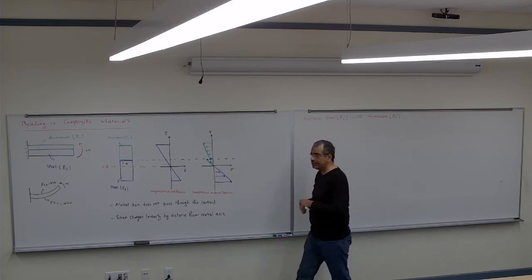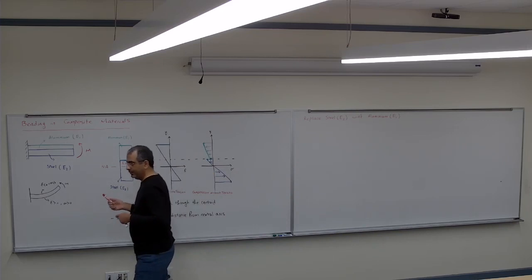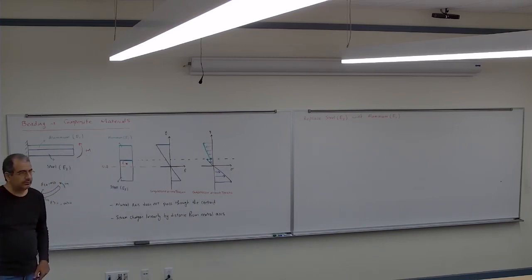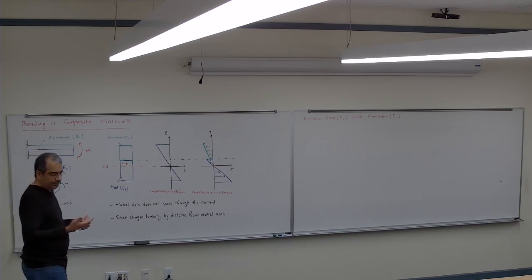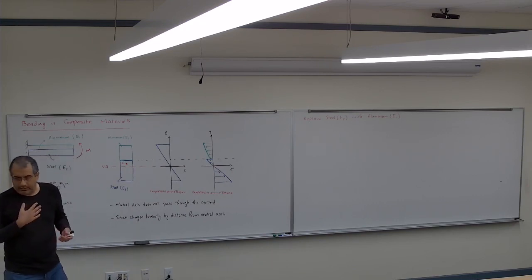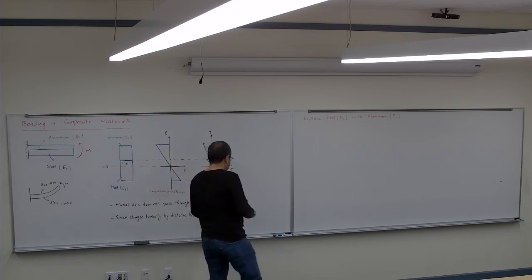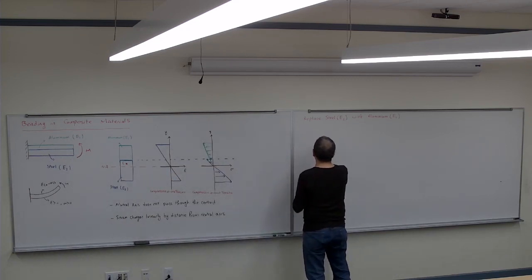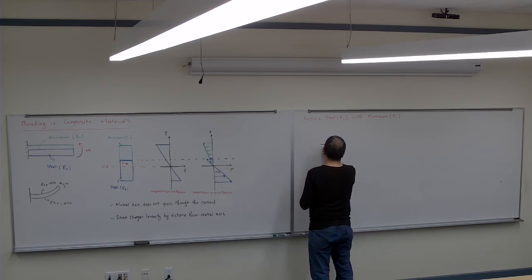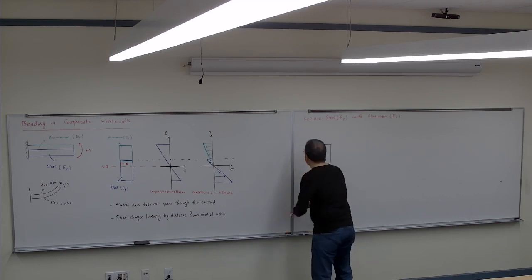So my entire section is going to be made of aluminum. If I want to do that again, I'm going to draw that section there. So if I have these, that's the steel. This is aluminum.